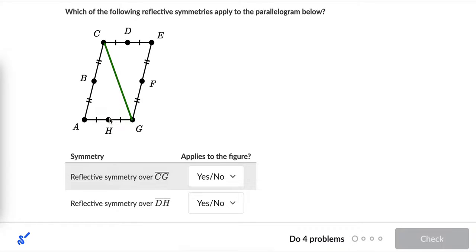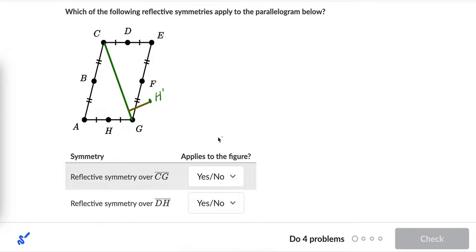Here we're going to make a perpendicular line from H to the line of symmetry, and we're going to bring that perpendicular line directly across. If this were a reflective symmetry across the line CG, we should see a point H dash right in this location right here, and we do not.